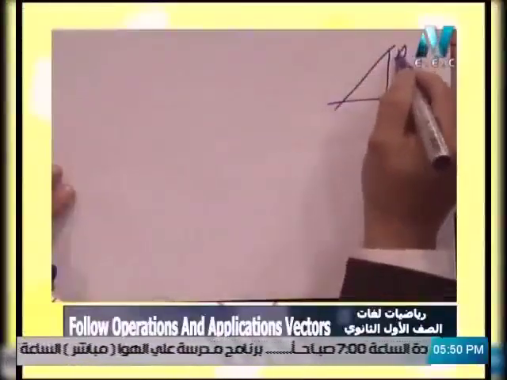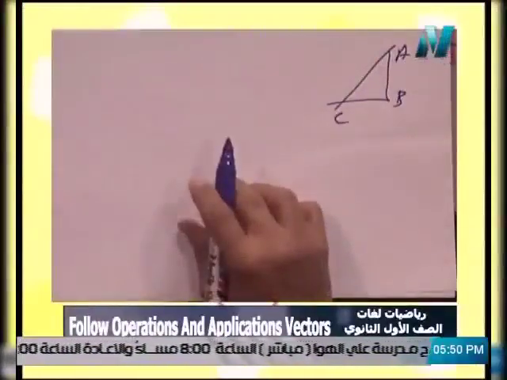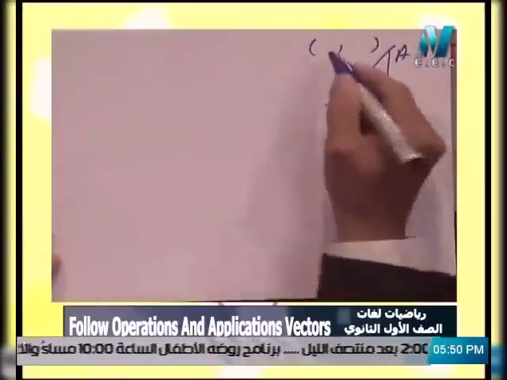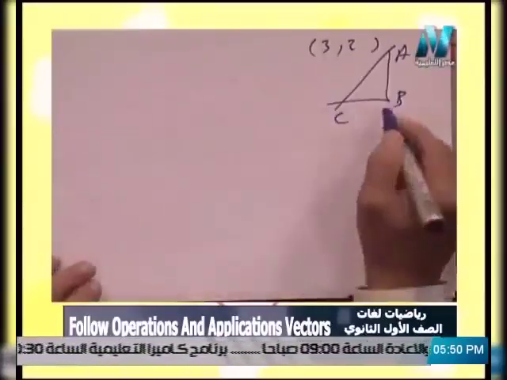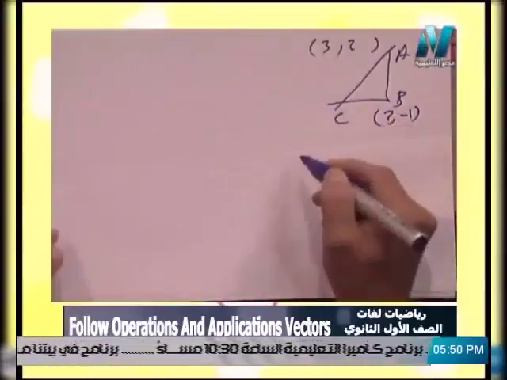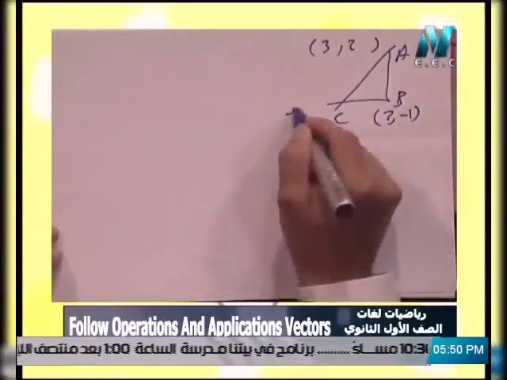Okay, my dear students, we now have a question about a triangle. I think it's now easy for you to prove that a triangle is a right angle triangle at any vertex. So we have a triangle ABC, where A equals 3 and 2, B is 2 and negative 1, and finally C is negative 4 and 1.